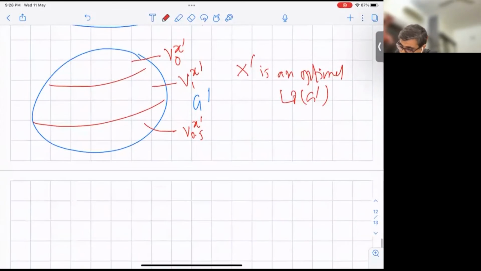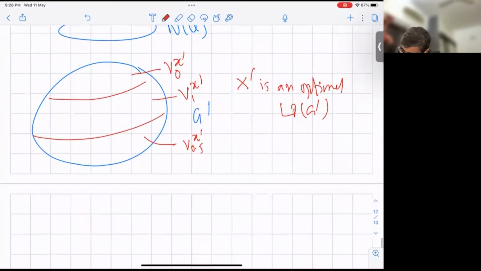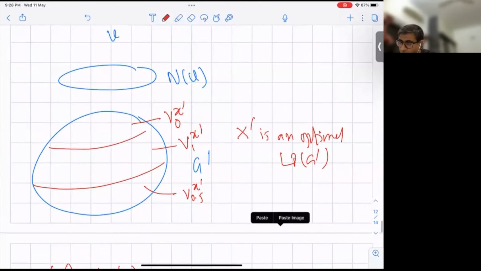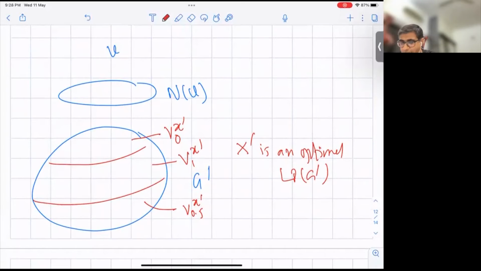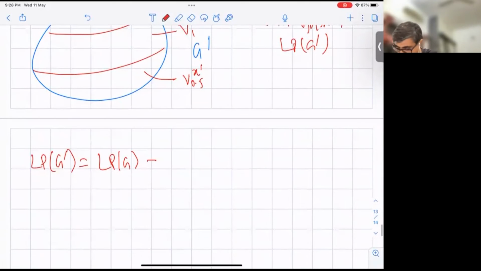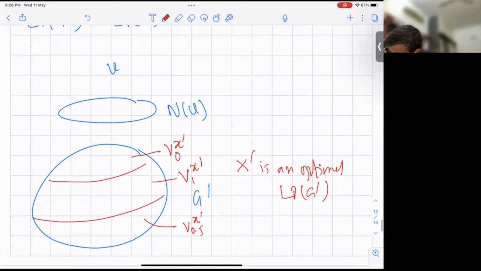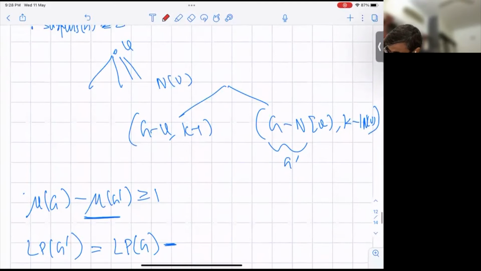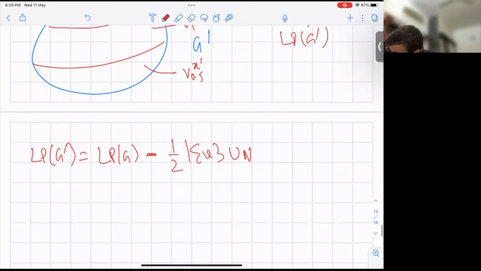For LP of G prime, first from LP of G, let's subtract whatever value you had assigned to V and N of V. But you knew that for LP of G, all half was a unique optimum solution. So I can just write it down: it is minus half of the following set, V union N of V. Is it V or U? I don't know what I did. Yeah, it's V.